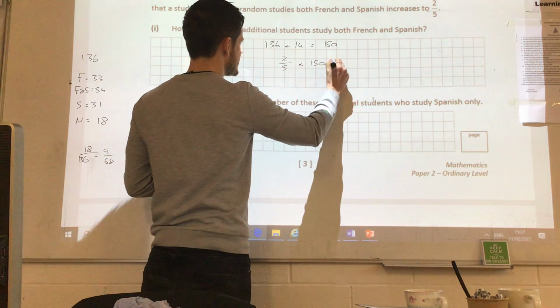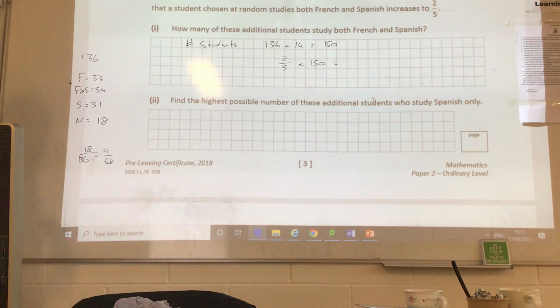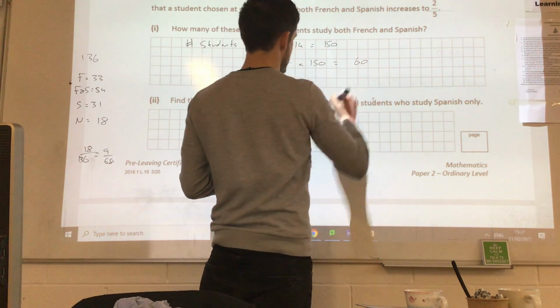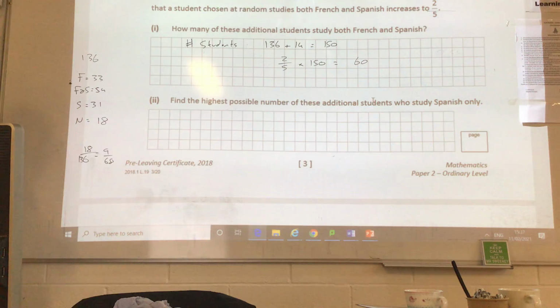If there's 150 students there and 2/5 of them study French and Spanish, well, that's going to give me 60. So the number of students who study both French and Spanish is 60, because it's 2/5 multiplied by the new number of students, which is 150.